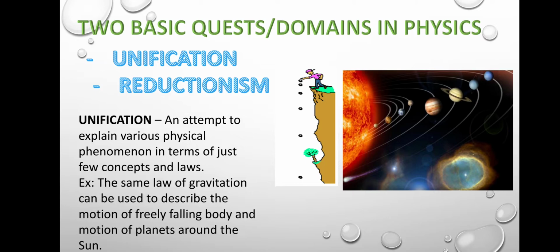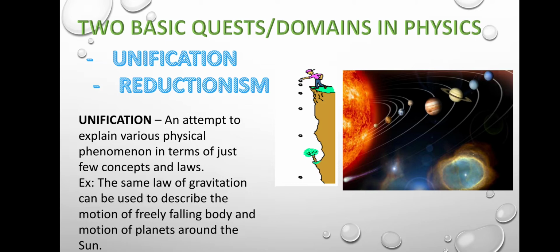Now, always remember there are two basic quests or domains in physics, that is unification and reductionism. Now what is this unification? Entire physics deals with unification and reductionism. Unification is an attempt to explain various physical phenomena in terms of just a few concepts and laws.